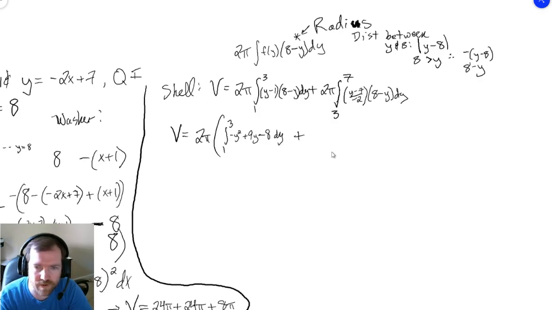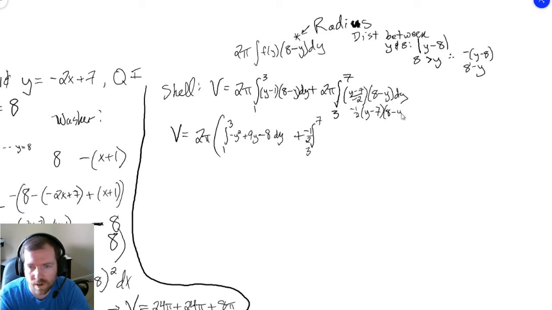Plus 2 pi is factored out, integral from 3 to 7 of, and this fraction is going to kill me here, let's just take out a negative 1/2, make it much easier. This is going to be y minus 7, 8 minus y.